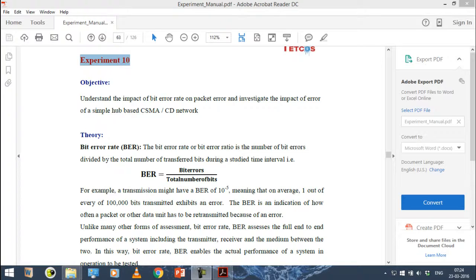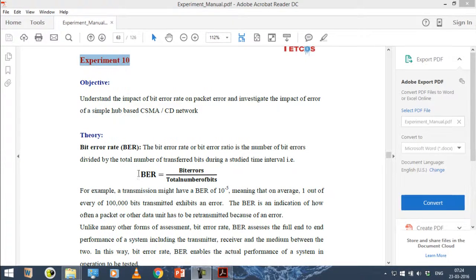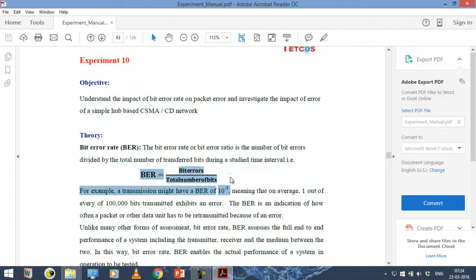So let's see what bit error rate is. Bit error rate is the number of bit errors divided by the total number of bits, as you can see in the formula. For example, let's say the transmission has a bit error rate of 10 power minus 5, meaning that 1 out of 1 lakh bits exhibits an error, or 2 out of 2 lakh bits, or 3 out of 3 lakh bits.